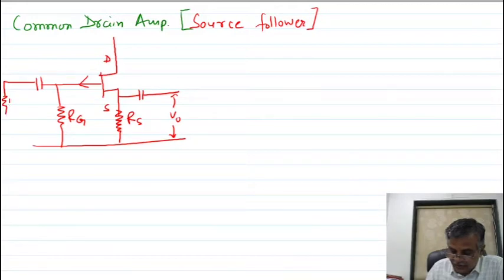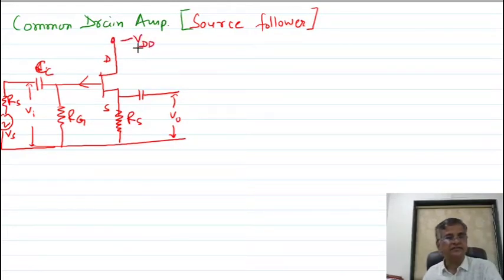This is the resistance of the signal source. This is signal Vs. This is your input. This is your coupling capacitor, and here is, as we have discussed, minus VDD. So this is the circuit diagram of a common drain amplifier, or it is known as a source follower.